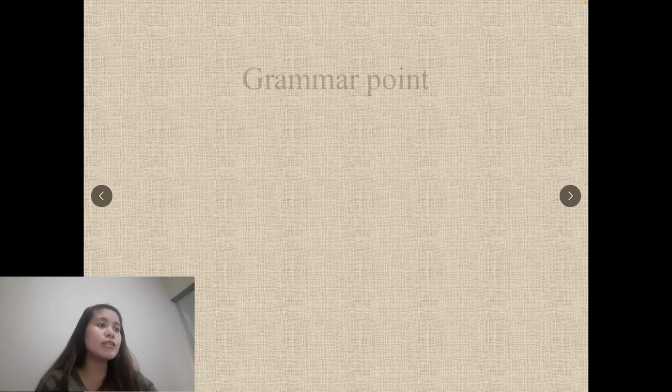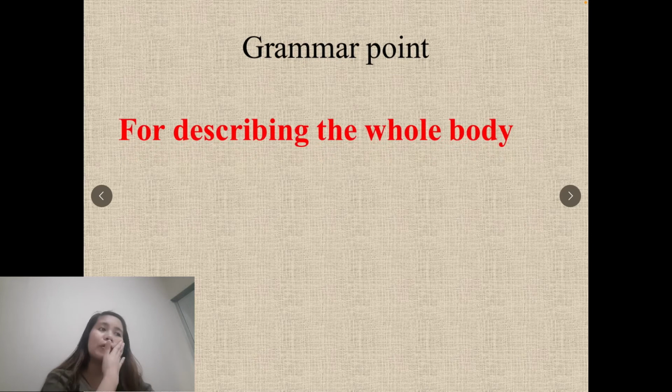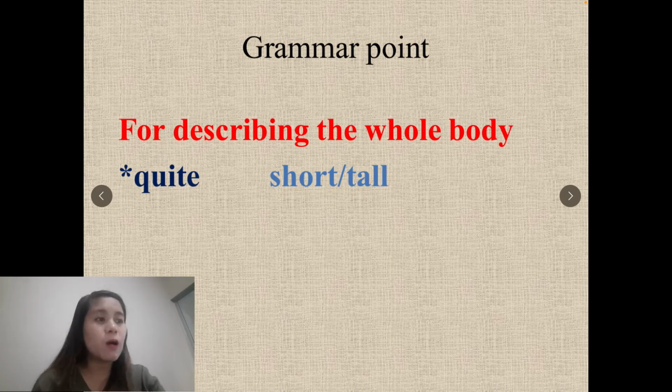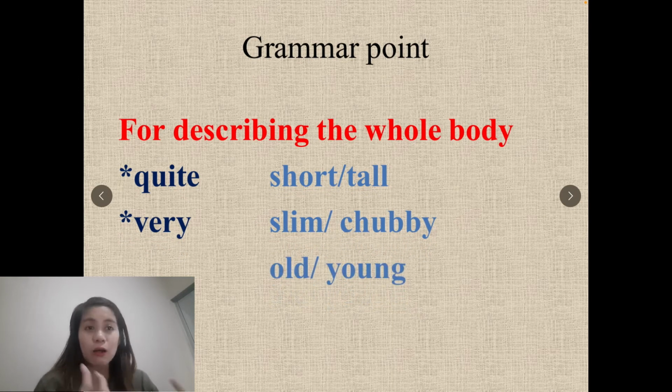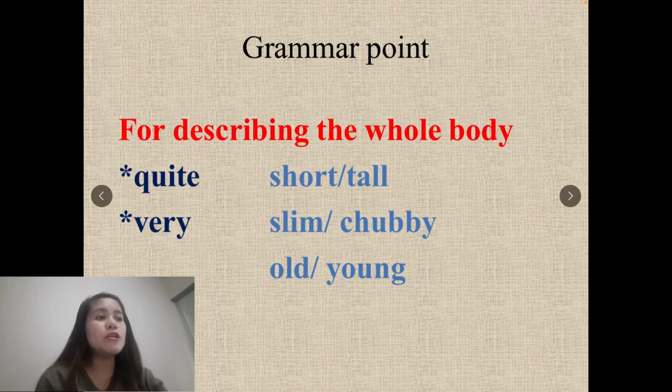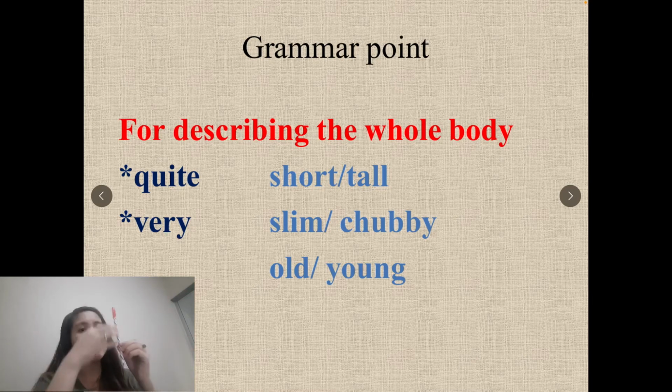Okay, now this time we have the grammar point. So remember, when describing the whole body, we will say quite and very. Remember, this is only a review. I want you to remember, when you describe the whole body, we use quite and very. So it is for the whole body, for the entire object.